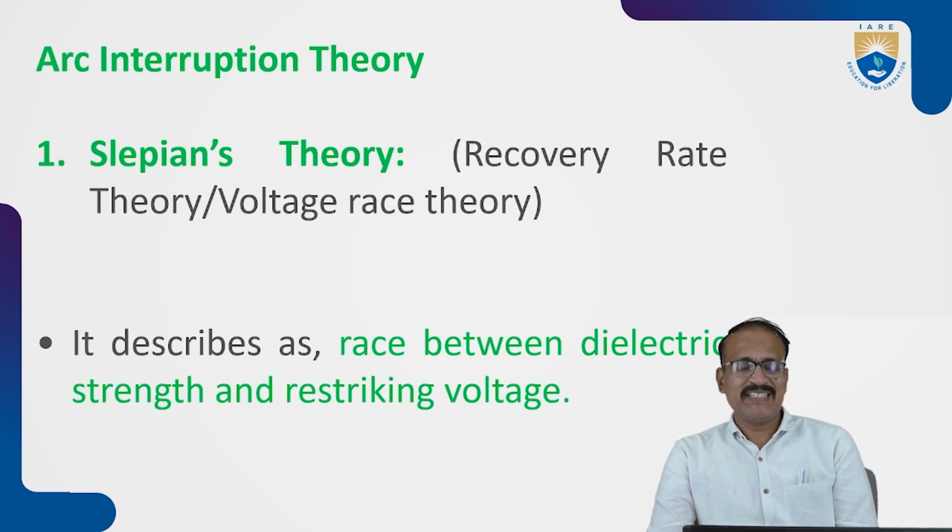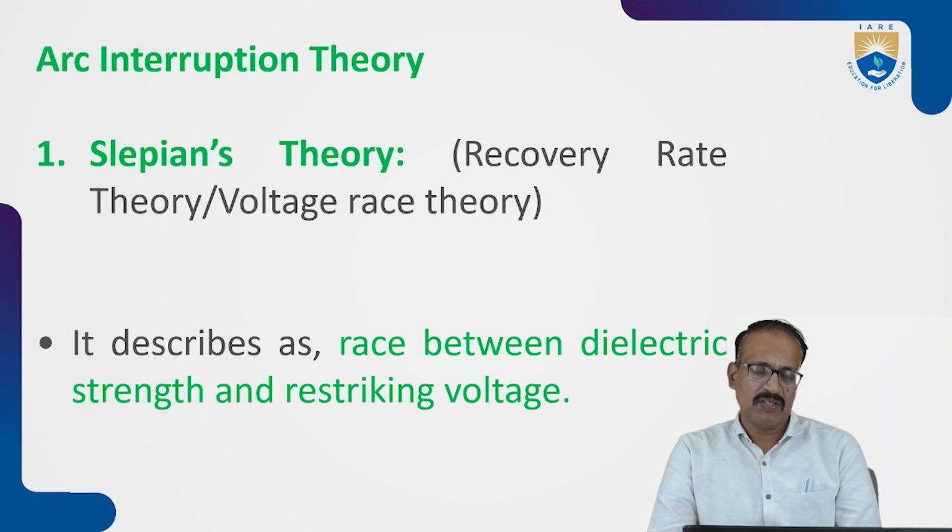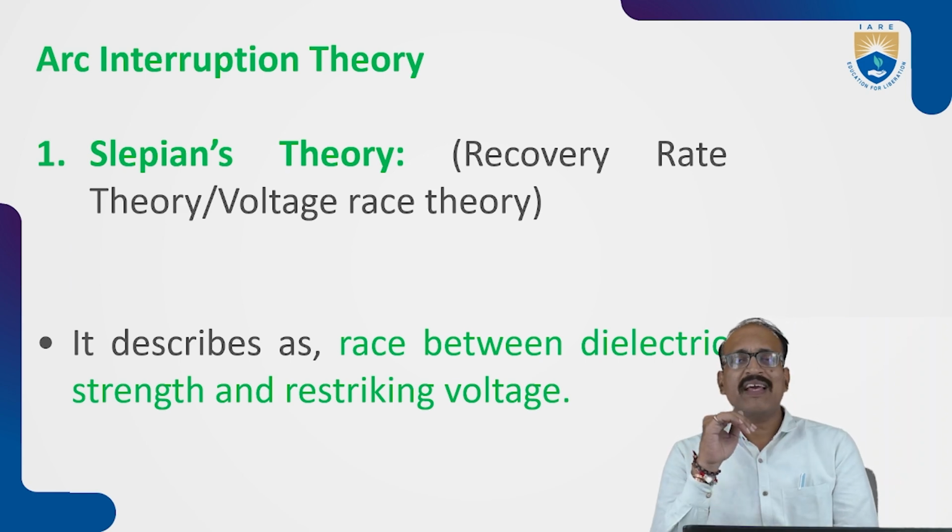This theory describes arc interruption as a race between the dielectric strength and the restriking voltage.